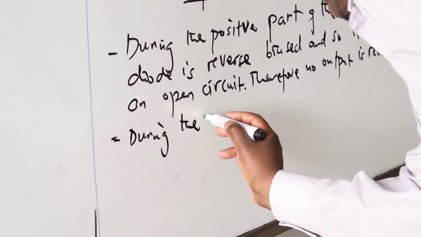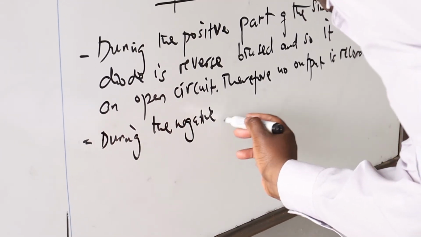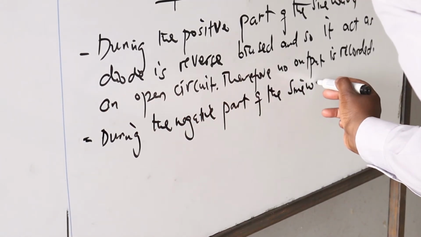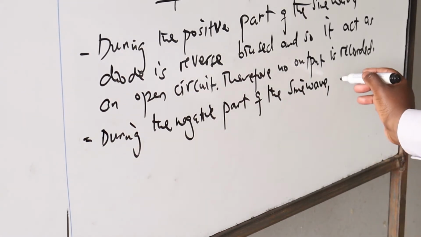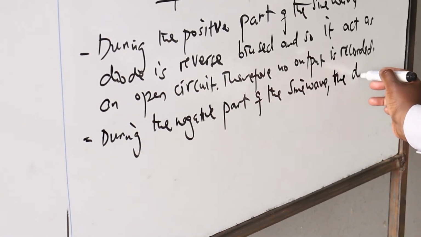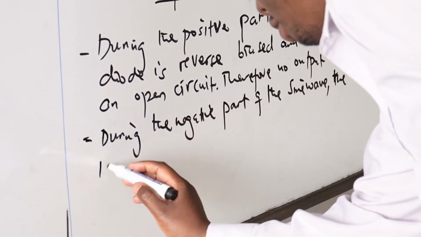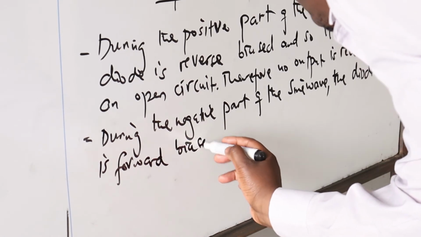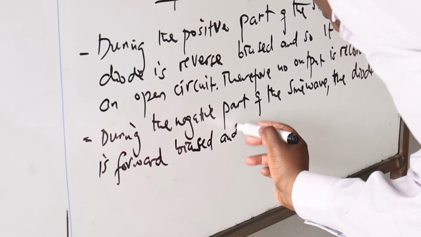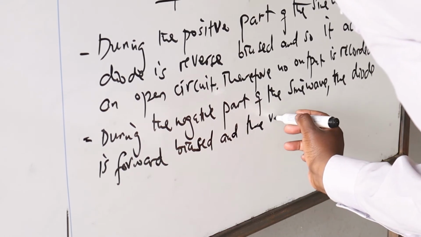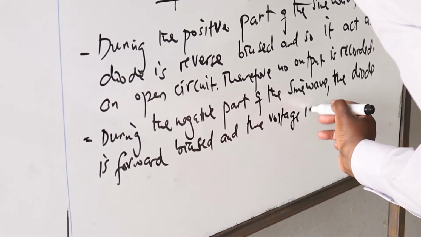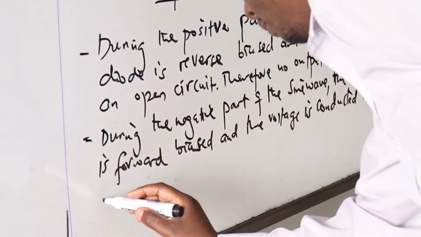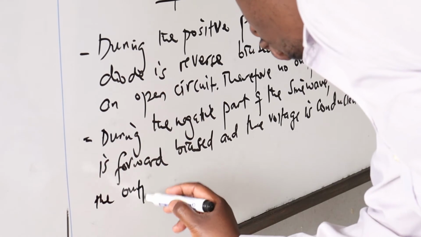During the negative part of the sine wave, the diode is forward biased, and the voltage is conducted to the output.